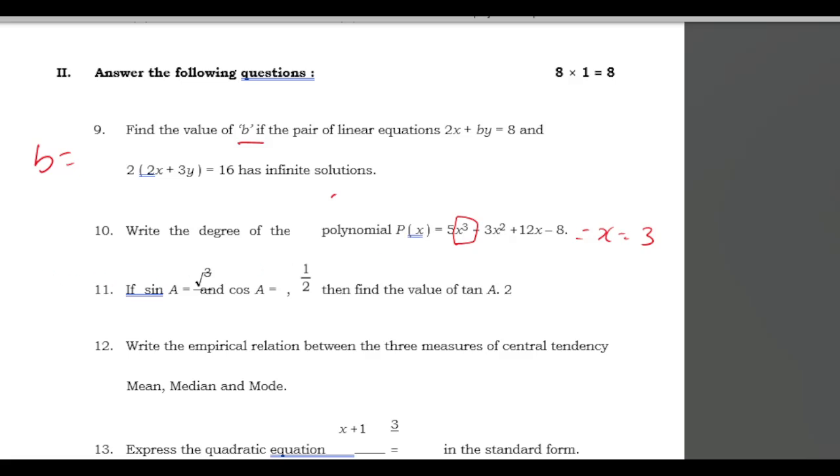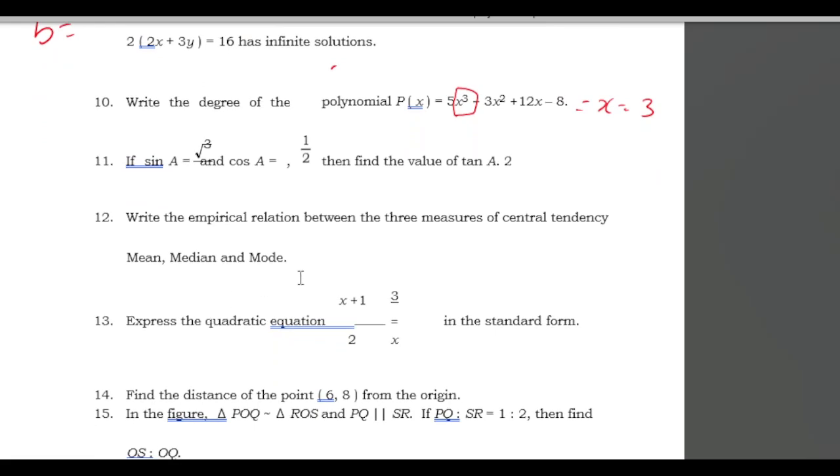Next is the 11th problem, a very easy one. Sin a is equal to root 3 by 2, and cos a is equal to 1 by 2. So what is tan a?